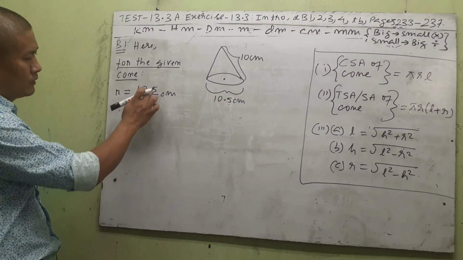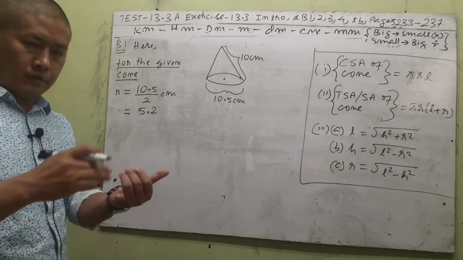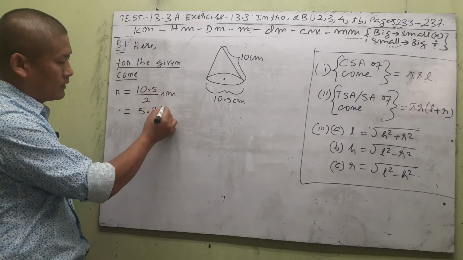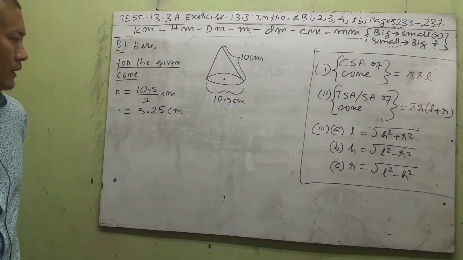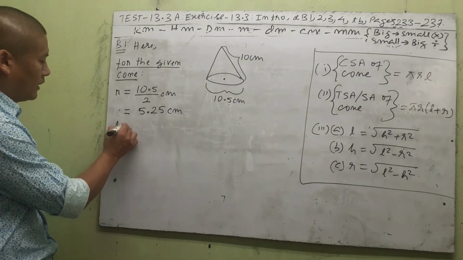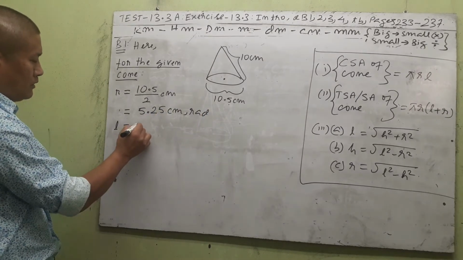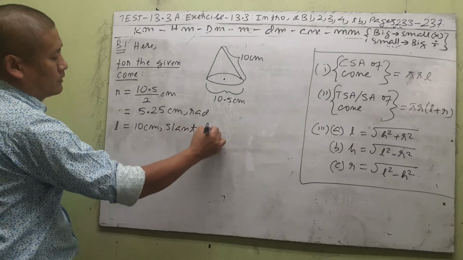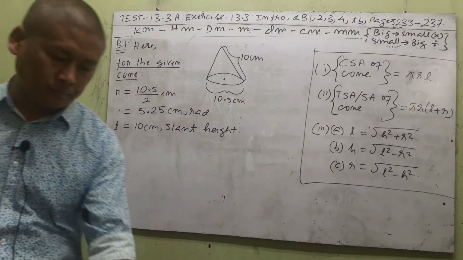Now the decimal point, 2 2s are 4. 5 is there, means 1 remainder, so 0 can go at the back of that, on the right side of that 1 remainder, then 10, 2 5s are 10. So radius can be 5.25 centimeter. The slant height L is 10 centimeter, as clearly given in the question.